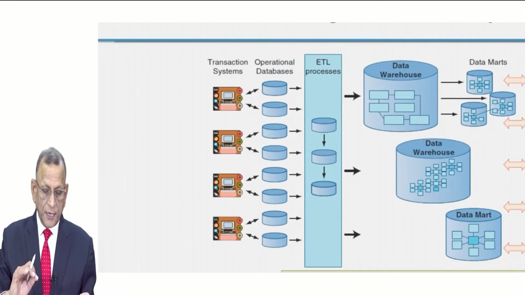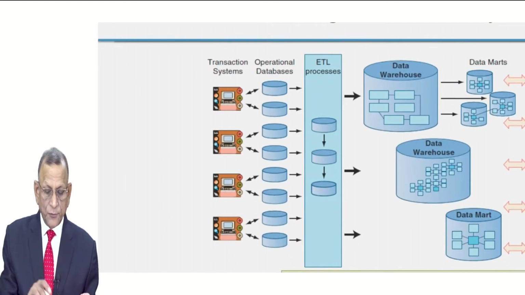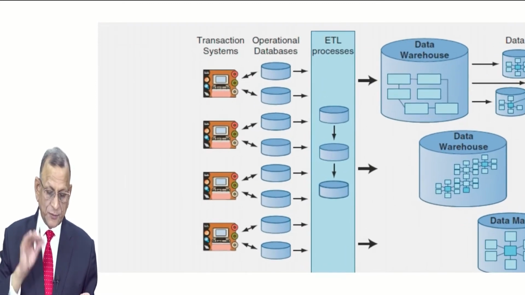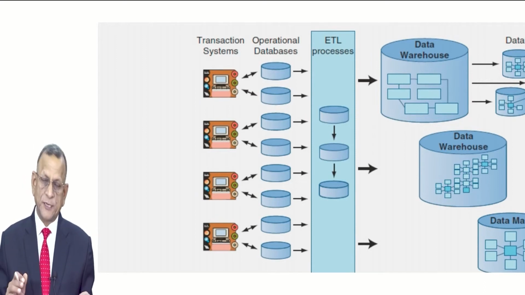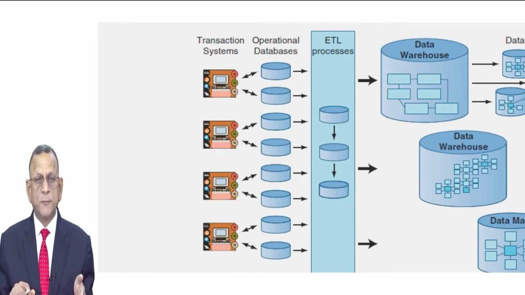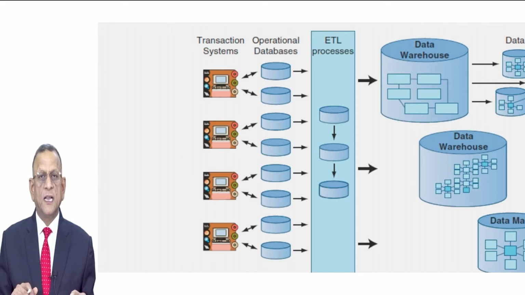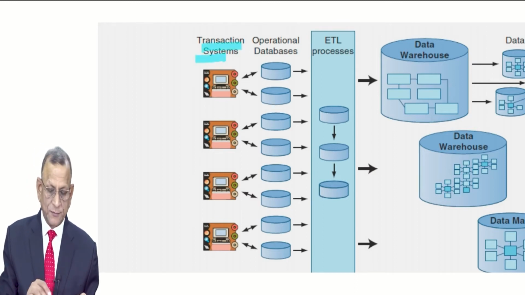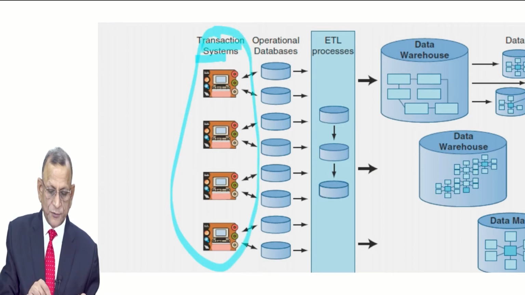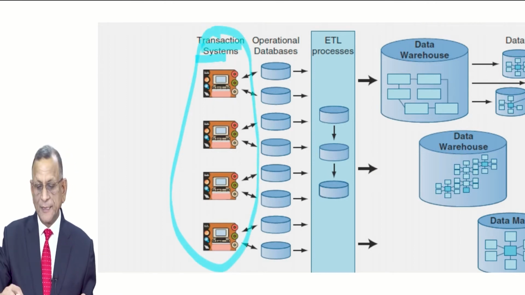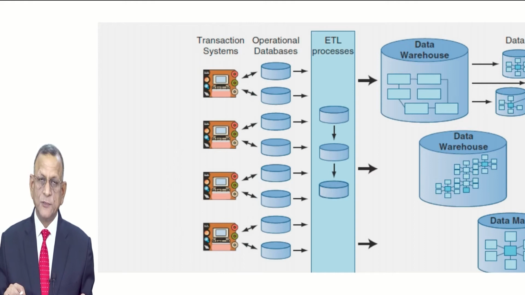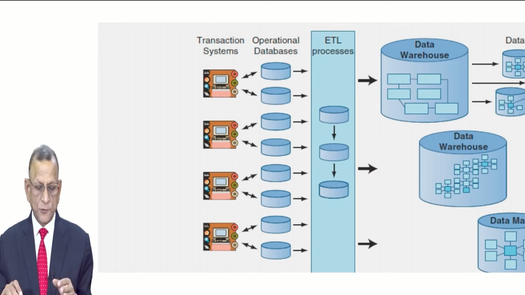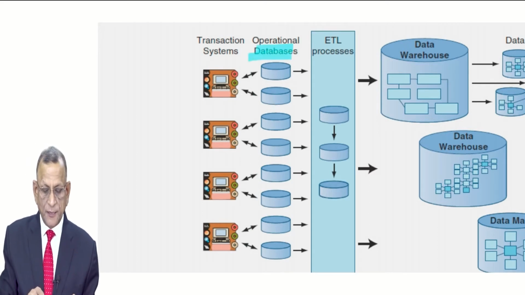Okay. So friends, we have something known as transaction systems. I have already explained what a TPS is, transaction processing systems. By and large, the data will be captured by transactional systems, and then transferred to the operational database.